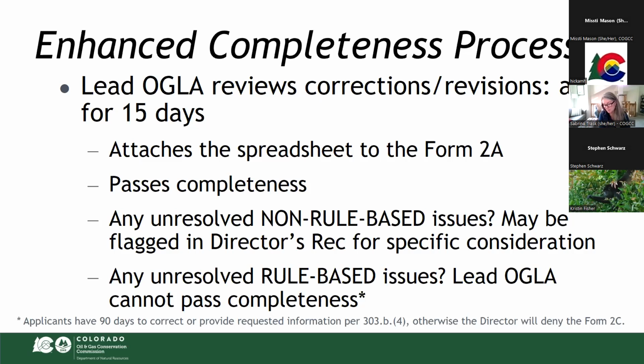If you choose not to provide the information, maybe we need to have a talk about why you don't want to provide the information, or maybe the director will determine that your application cannot be approved. So we really intend this to be a very clear, straightforward dialogue to minimize a lot of back and forth. We're hoping that we can ask in the spreadsheet, you can respond in the spreadsheet, resubmit, we can pass completeness and move on from there.